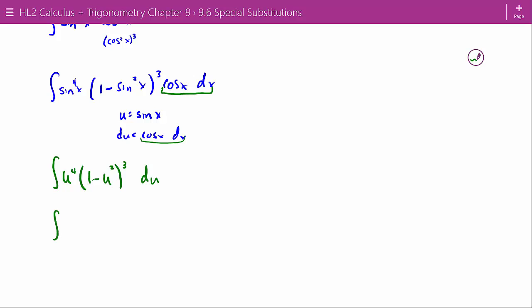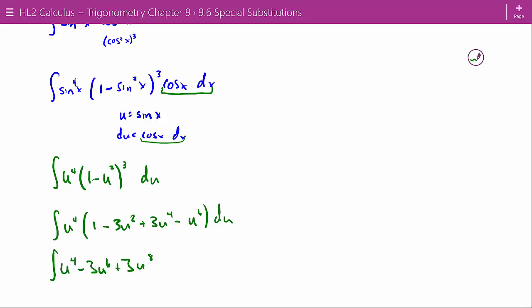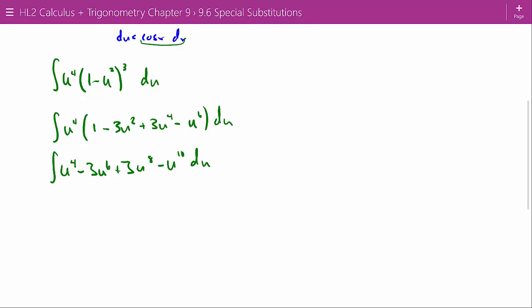We can use the binomial expansion: 1 minus 3u squared plus 3u to the fourth minus u to the sixth, du. Now we can distribute. And those are all terms we can take the antiderivative of.